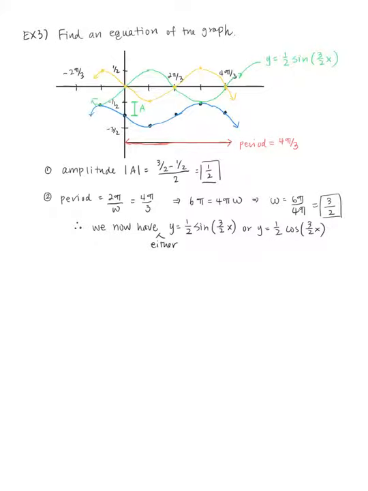So the graph that I just drew is a reflection about the x-axis. So what we need to do is just multiply the function by -1. So this is the graph of y equals -1/2 sine of 3/2x. I hope you can see this color. Sorry about that. Okay, so almost done.